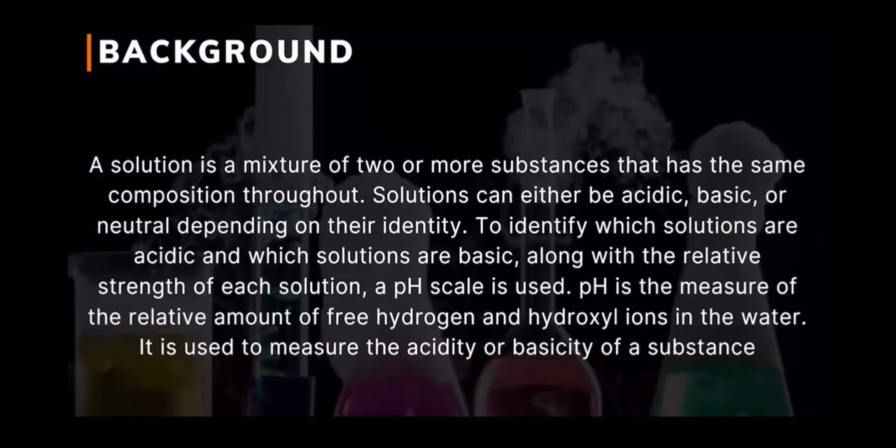To identify which solutions are acidic and which solutions are basic, along with the relative strength of each solution, a pH scale is used. pH is the measure of the relative amount of free hydrogen and hydroxyl ions in the water. It is used to measure the acidity or basicity of a substance.